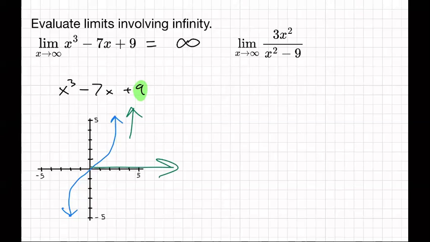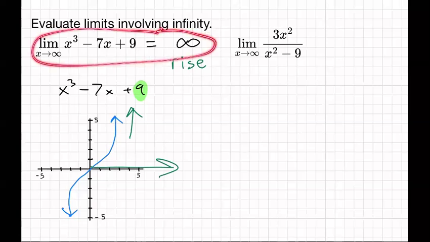Okay. If you remember, this is what we called end behavior in college algebra, right? Another way that would have been mentioned is what we call rise. The right-hand side of this graph rises. We just have, again, a better way to write this. The limit notation allows us to write this out in a more formal mathematical way than we did in college algebra.